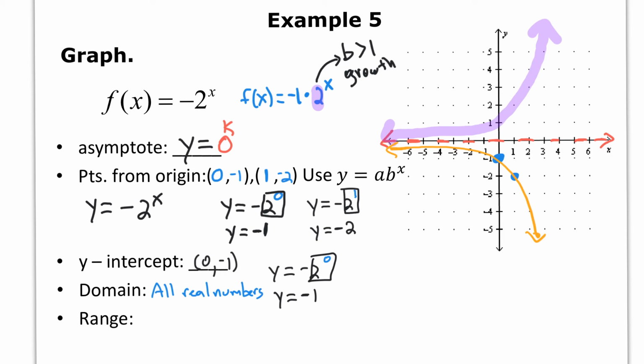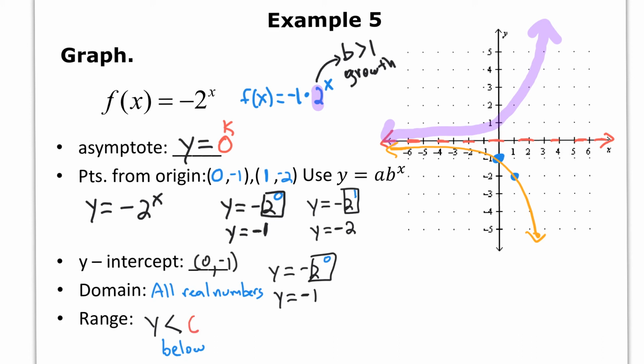Notice the orange one. Again, not the highlighted one. That's just the original parent function. We're looking at the orange one. So this is below the asymptote. So first of all, I need to use y is less than because it's below the asymptote. So I need to use less than, and I need the k value, and the k value is 0.